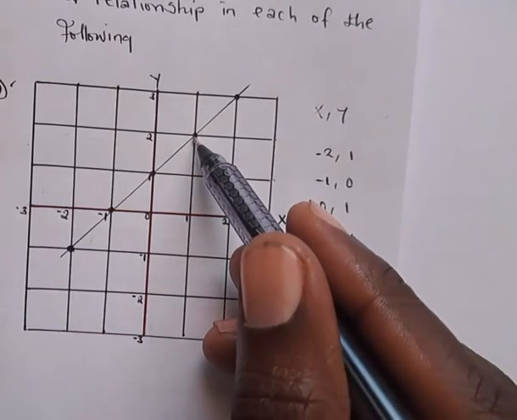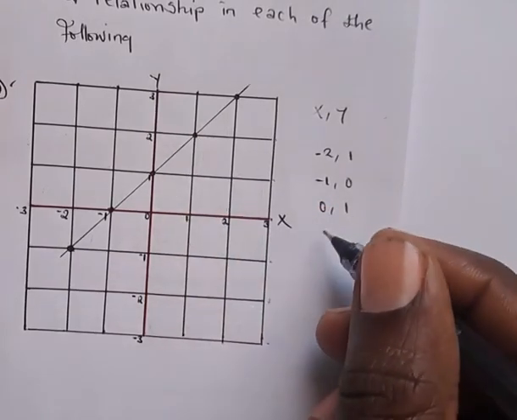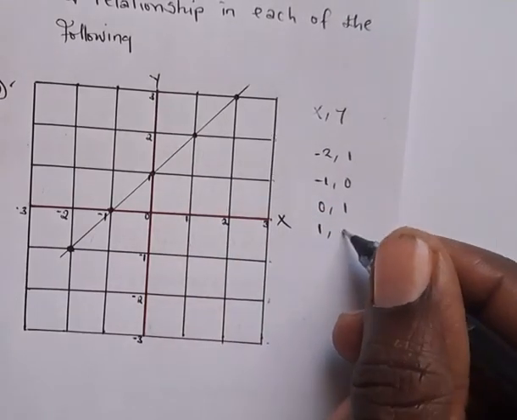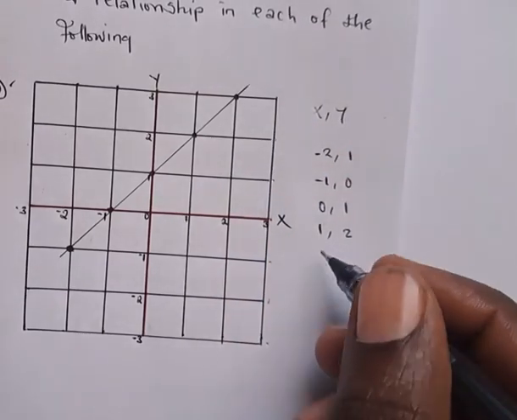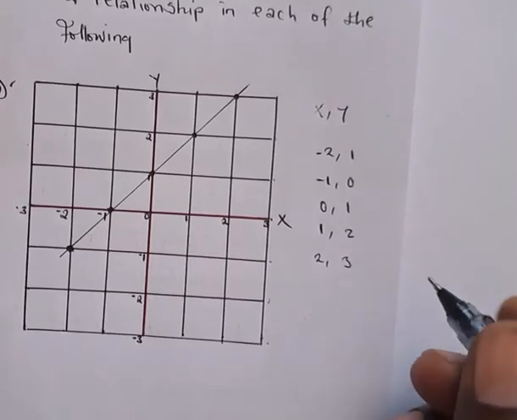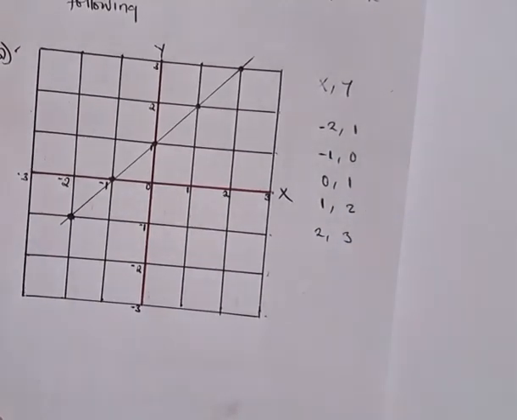And this one here is (1, 2). And the last one there is (2, 3). So we have this set of ordered pairs.